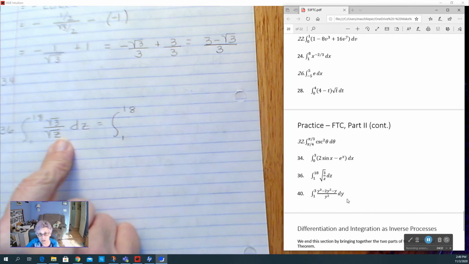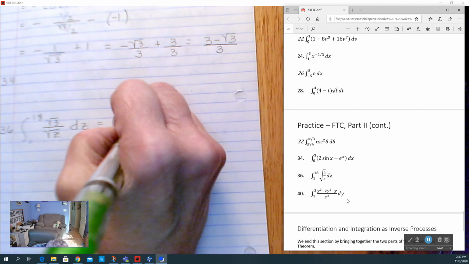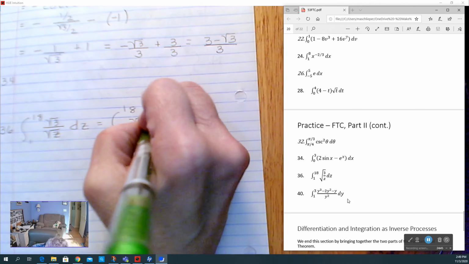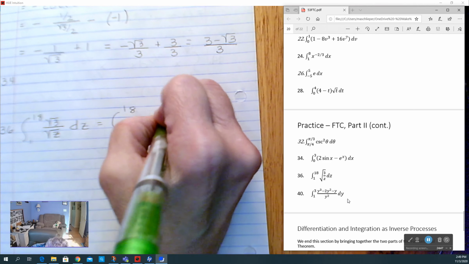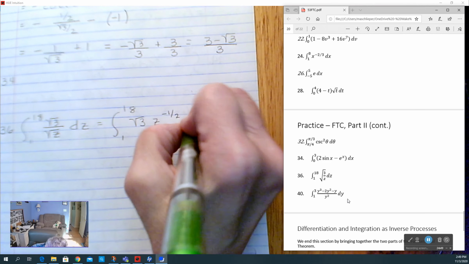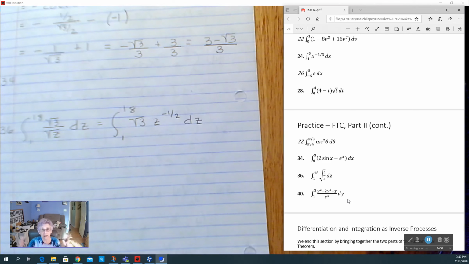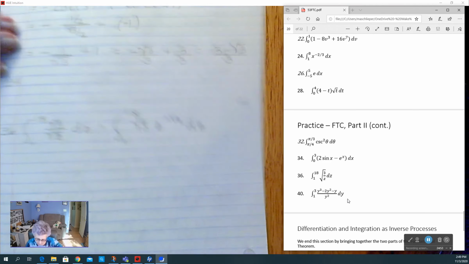Square root of 3 is just a number. It's a funny looking number. It is an irrational number, but we still treat it like any other number. It's just a constant. And this is really z to the minus 1/2 power. So, got you started. You can go from there.